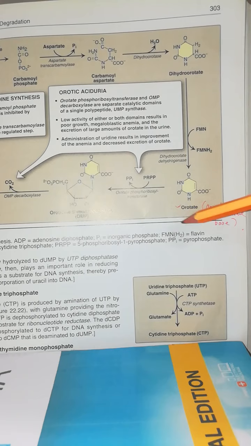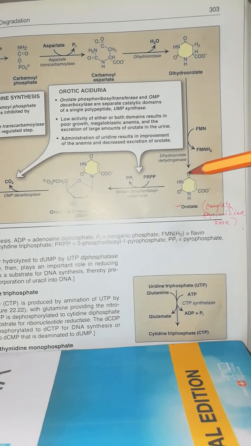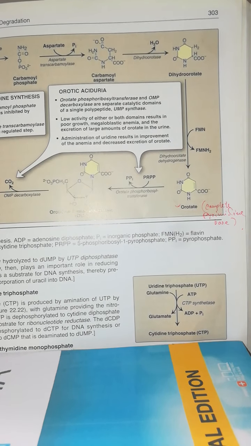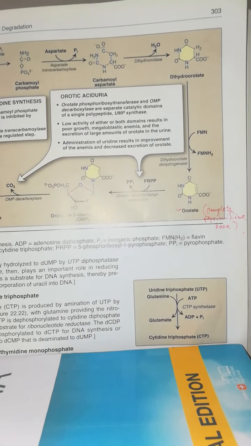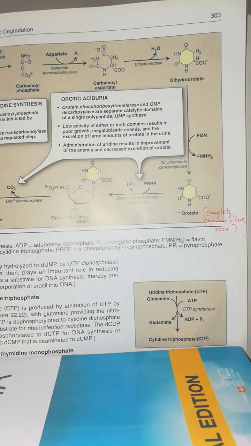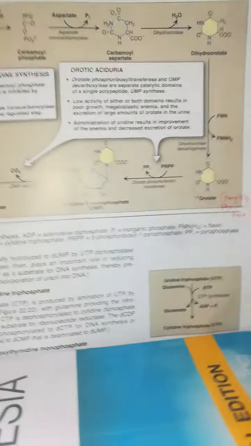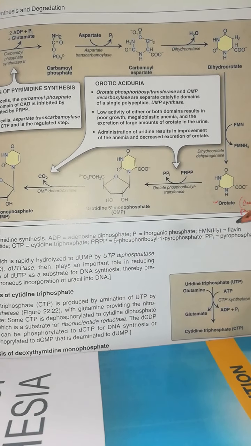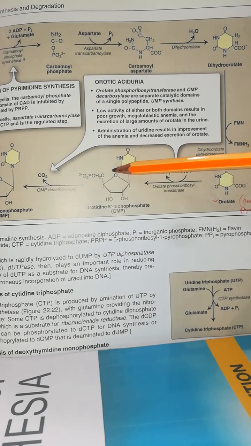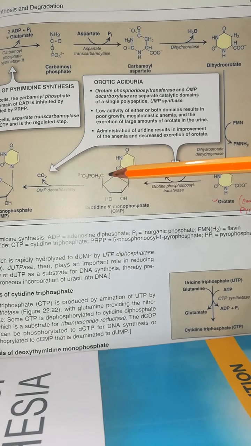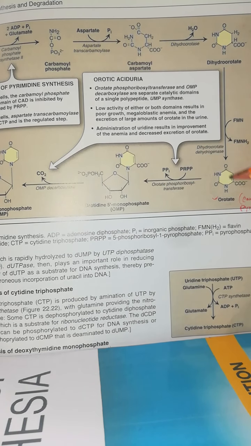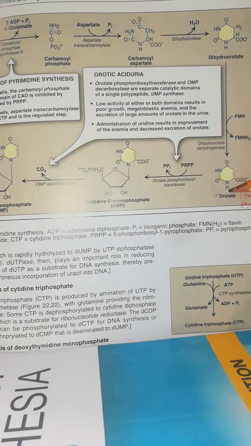When we add ribose sugar to this ring, that chemical structure is named orotidine 5' monophosphate or OMP. Here you see that orotate is added with ribose sugar. Ribose sugar is added with the orotate ring, or pyrimidine ring.